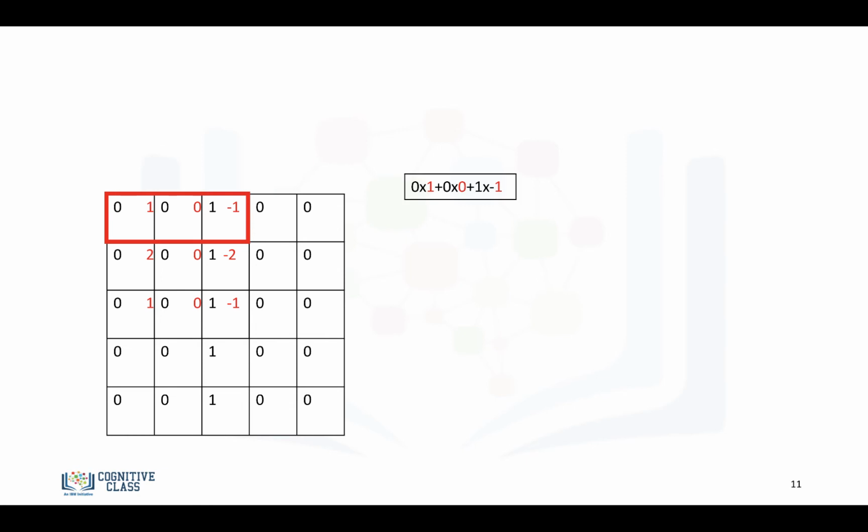We'll multiply the intensity value of the image, which is 0, and the first element of the kernel, which is 1, and we'll multiply those two values together. Then we'll add the second element over here, which is 0 multiplied by 0, and then the third element, which is over here. Then we'll do the exact same thing for the next row. We'll multiply the first element of the kernel, which is 2, by the first element of the image.